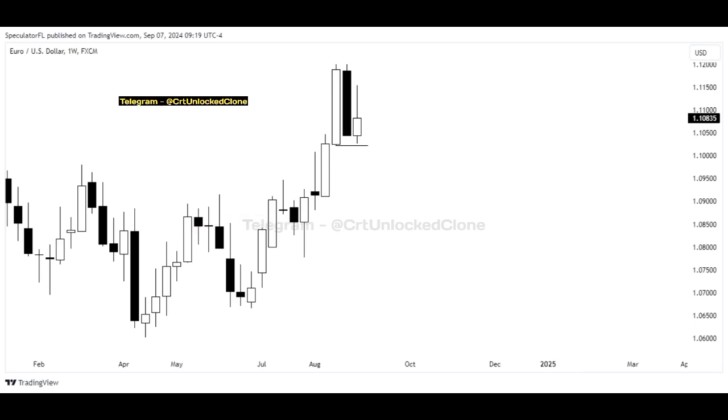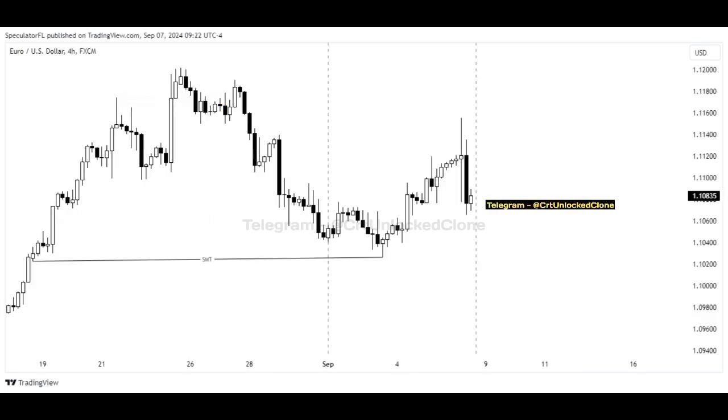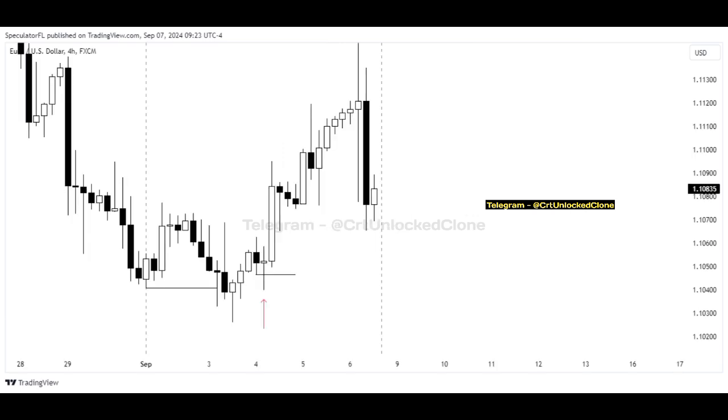Now let's look at the 4 hour time frame to see how I position myself in a CRT there towards the higher time frame drawn liquidity, which was bullish for me, right? So right here on the 4 hour, you can see that we had this SMT with DXY on Tuesday, right? And then we closed higher. So on Wednesday, my expectations were to look for higher prices for the rest of the week, right?